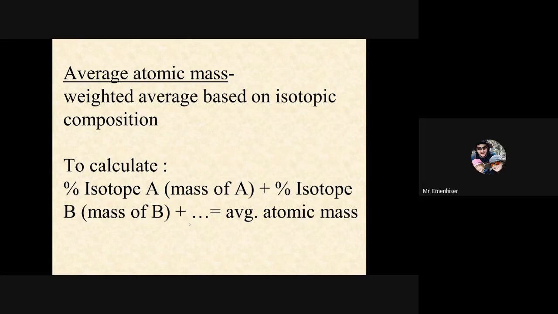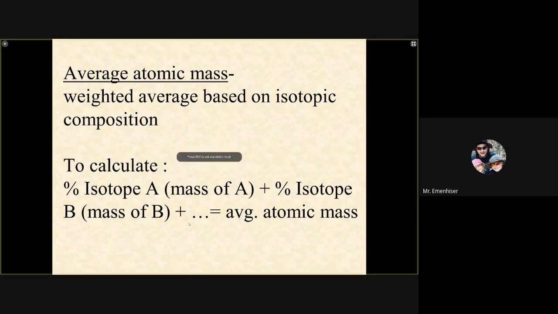Okay, hydrogen, for example, has 3 isotopes. There's hydrogen 1, called regular hydrogen. There's hydrogen 2, which is called deuterium, and then there's even hydrogen 3, which is radioactive, and it's called tritium. So there's 3 different versions of hydrogen. Hydrogen 1 has 1 proton and no neutrons.